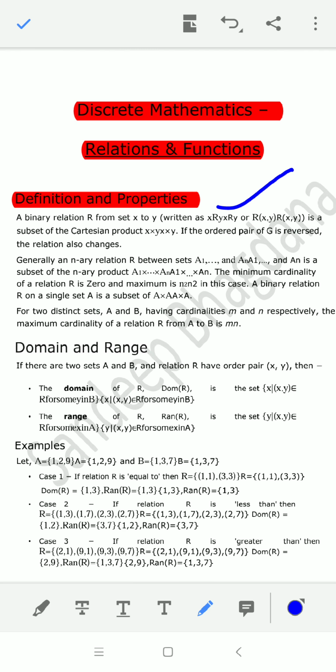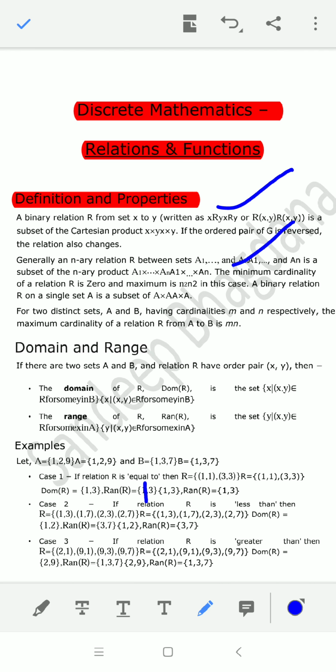Generally, an n-ary relation R between sets A1 up to An is shown here. The minimum cardinality of a relation R is 0 and the maximum is 2^(n×n). A binary relation R on a single set A is a subset of A × A.